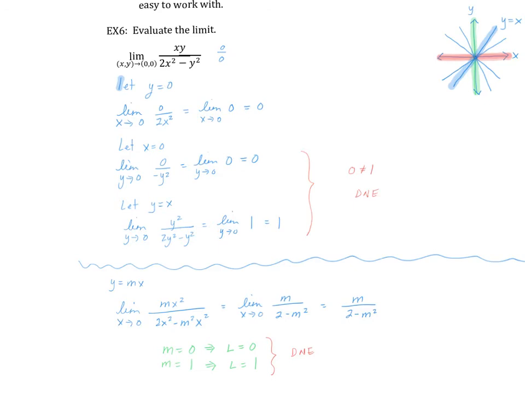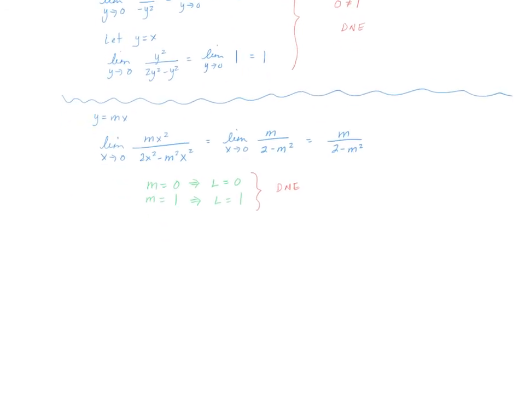So the goal here is to find some generic path, and in this case I simply used a generic linear path, so that in the end all you have to do is put in different m values and you can stop and say the limit does not exist once you find two different m values that give you two different limit values.